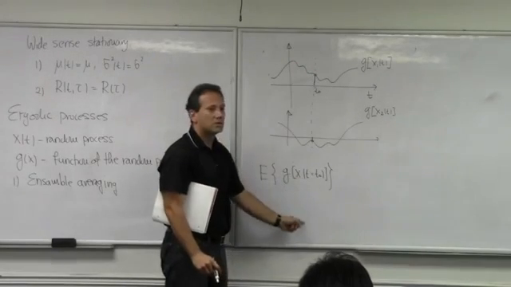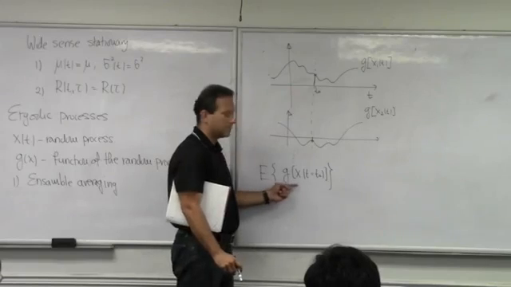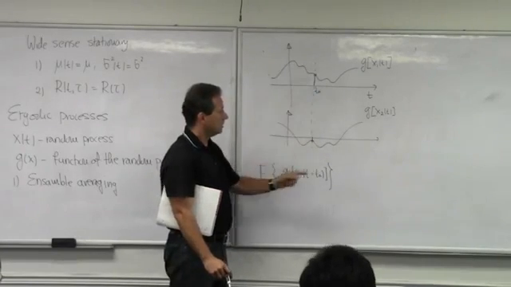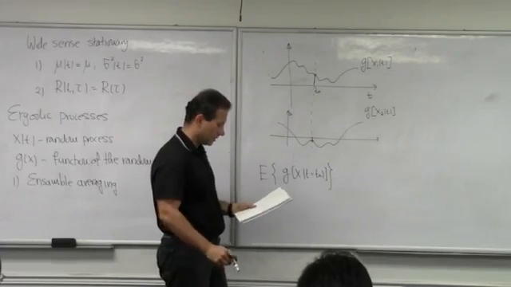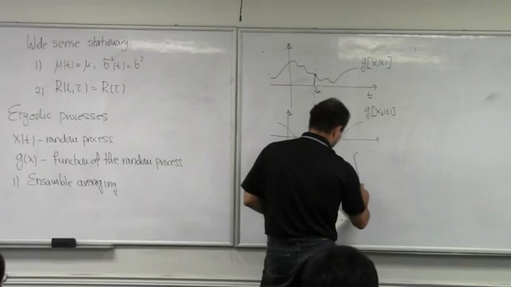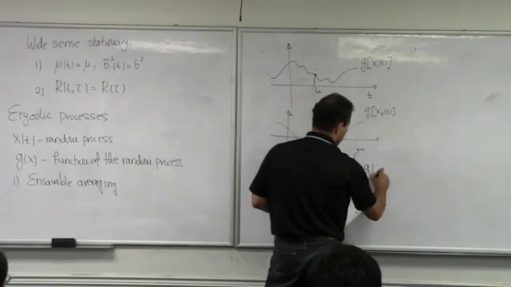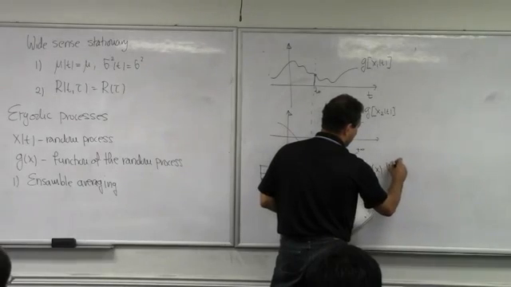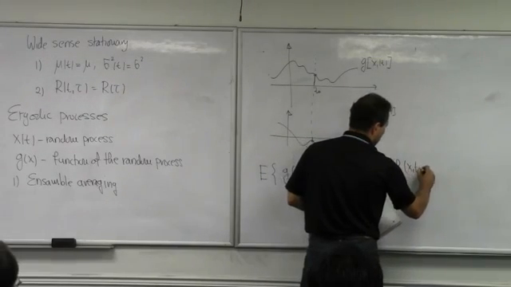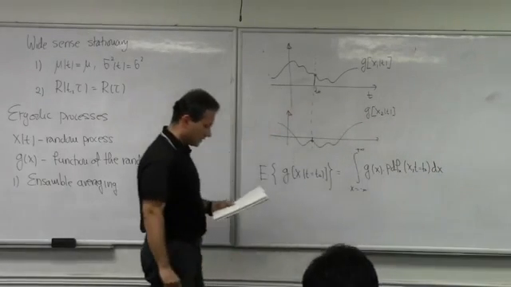If I look across all possible realizations, they form a certain PDF, and then I can take the expected value as the expectation across these values that are forming this PDF. So this becomes the integral, when x goes from minus infinity to plus infinity, of g(x) times the PDF of x at t equal to t0, dx. This is called the ensemble average.